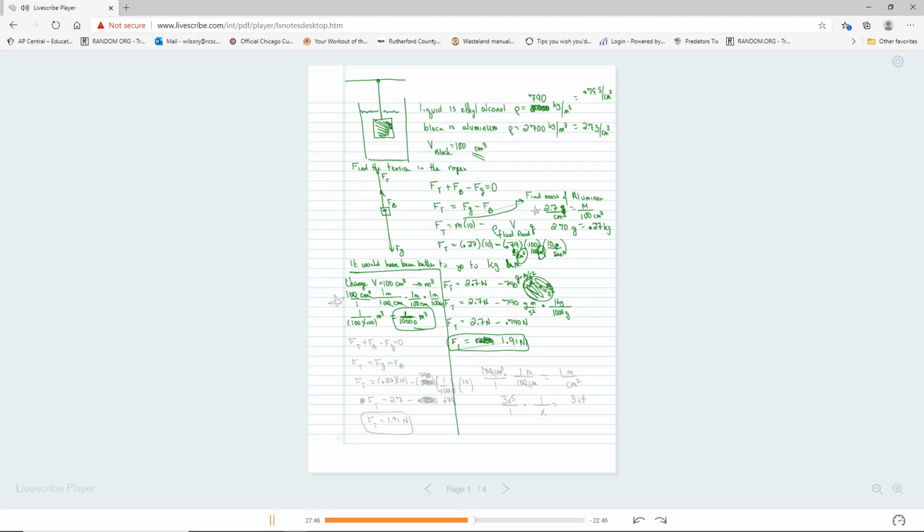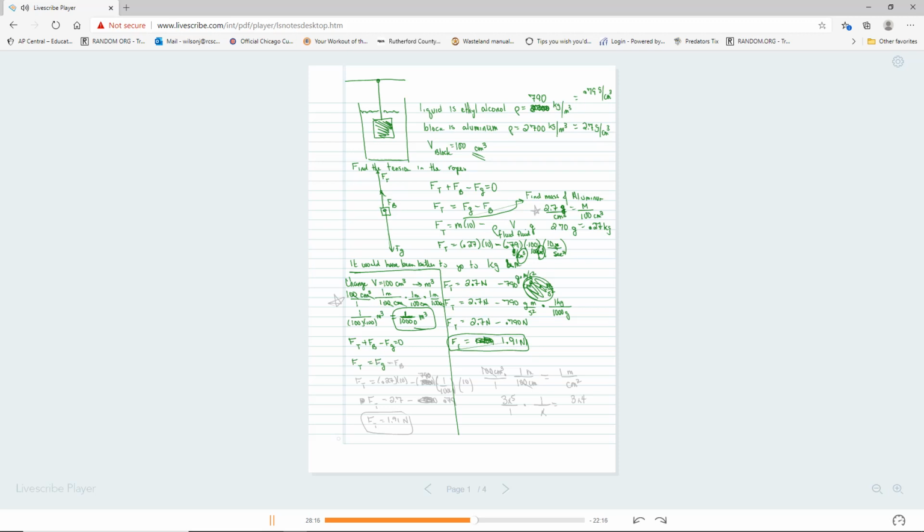Let me show you why this makes it easier to deal with, because it's almost always easier if you get into standard units to start with. Now we do exactly what we did before. Force tension plus force buoyant minus force gravity equals 0. Our block is suspended in the ethyl alcohol. So, force tension, I don't know.